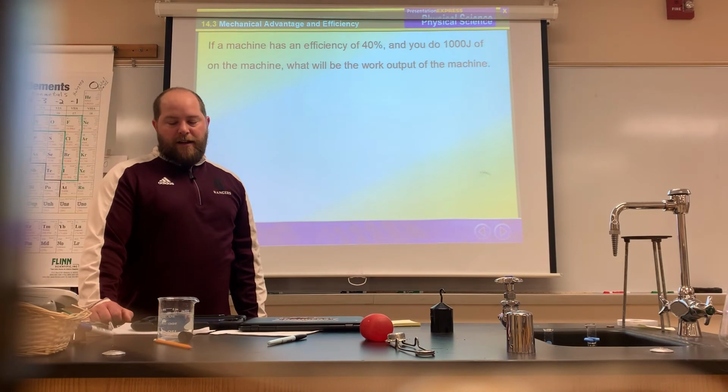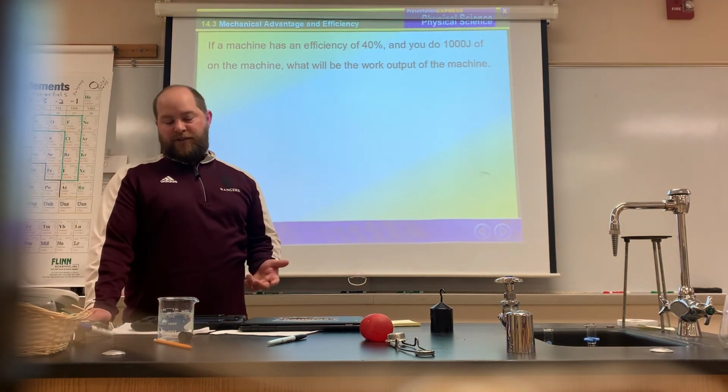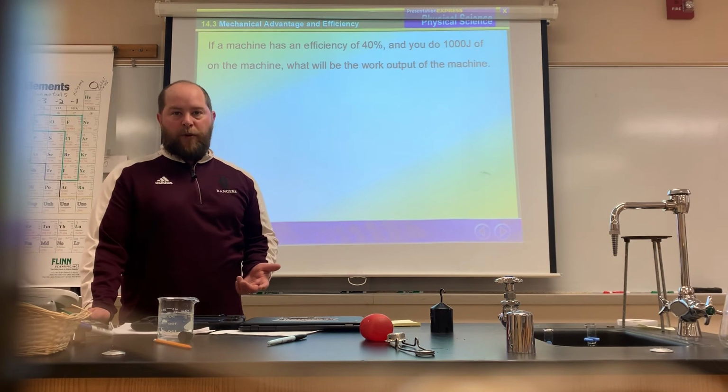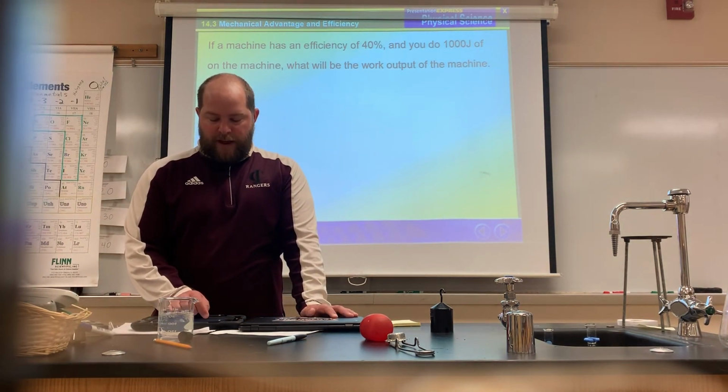Let's look at this problem. Let's say we know the efficiency of the machine is 40%, and you do 1,000 joules of work on the machine. What's the work output going to be? All right. So we know the efficiency is 40%, but I'm going to convert that to a decimal so it works.